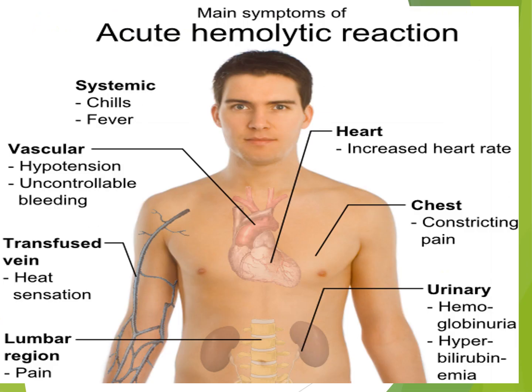This shows you the main signs and symptoms of an acute hemolytic reaction: systemic chills, fever, low blood pressure, uncontrollable bleeding, heat sensation at the transfused vein, pain in the lumbar region, increased heart rate, chest constricting pain, and then of course hemoglobinuria and hyperbilirubinemia.